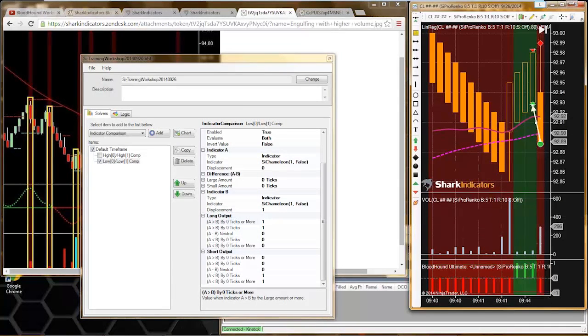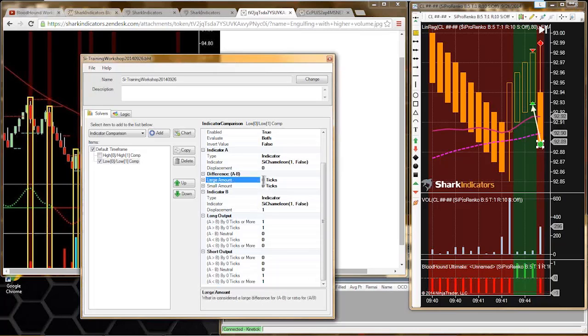And so I can see that my short output is detecting when the low price is lower than the previous bar's low. So I know that the short output actually has to set the correct settings here, like so.